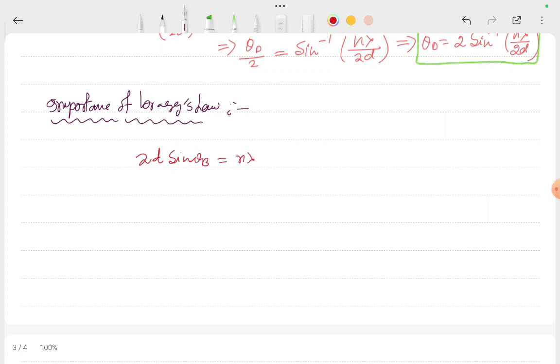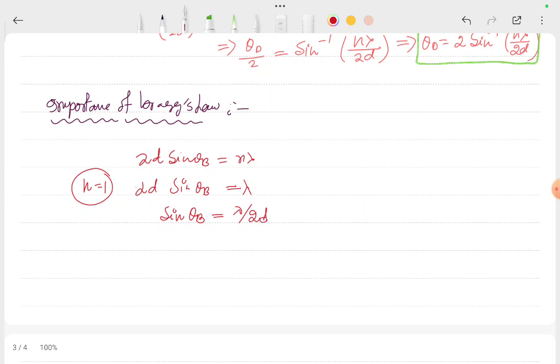We just consider the first order, n equals 1. So 2d sine theta b equals lambda, and sine theta b equals lambda upon 2d.